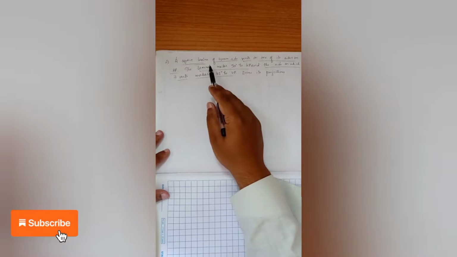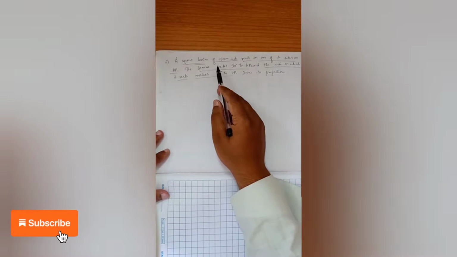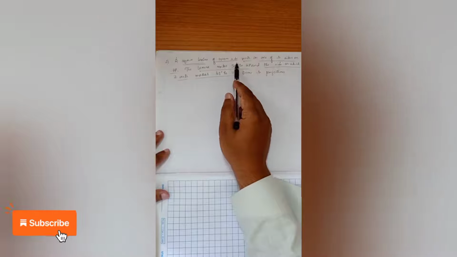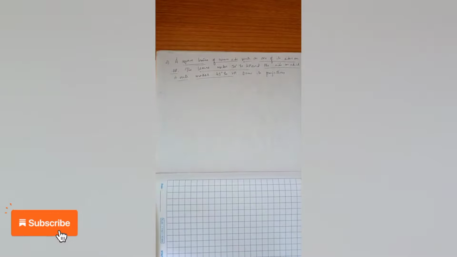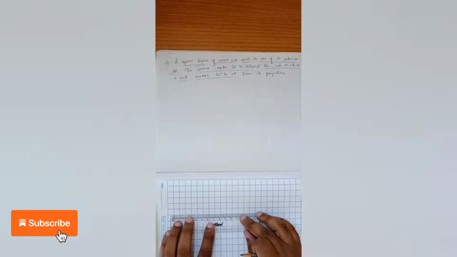So first we start with the first position, that is construction of a square of 40 mm side with one of its sides on HP. First we draw an XY line.